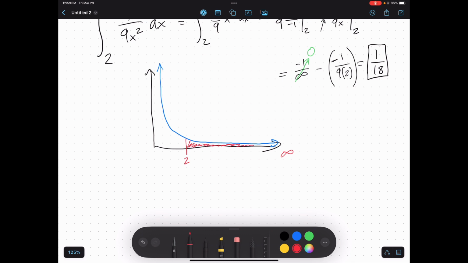Now, once again, we might think that, because this never actually reaches 0, that means I'm adding an infinite amount of area, and so this value should be infinite. But the reason why this works is because I'm approaching 0 so fast that the area doesn't actually grow to an infinite amount. Instead, it just approaches a finite value.